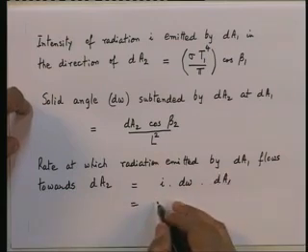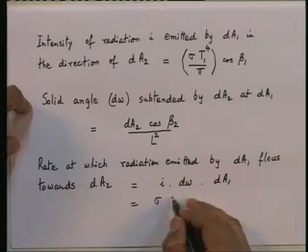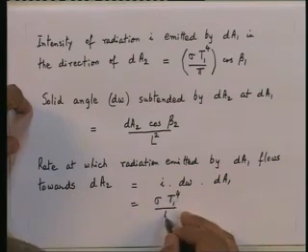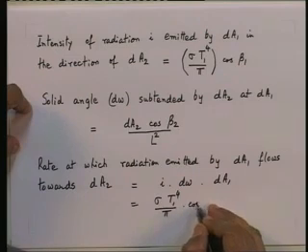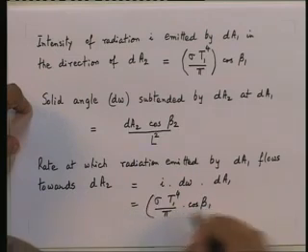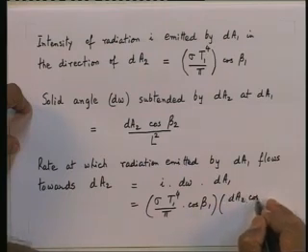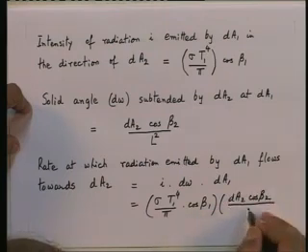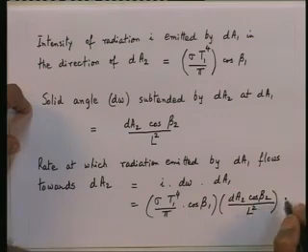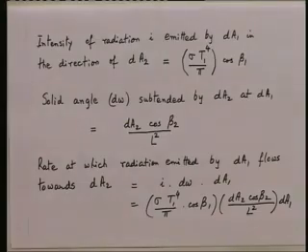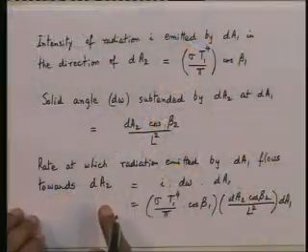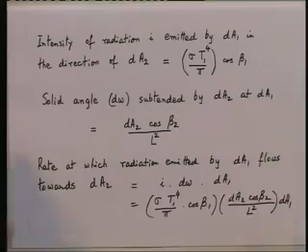I is sigma T1 to the power of 4 upon pi cosine of beta 1. D omega is dA2 cosine of beta 2 upon L squared, and finally multiplied by dA1. That is the expression for the rate at which radiation emitted by dA1 flows towards dA2.